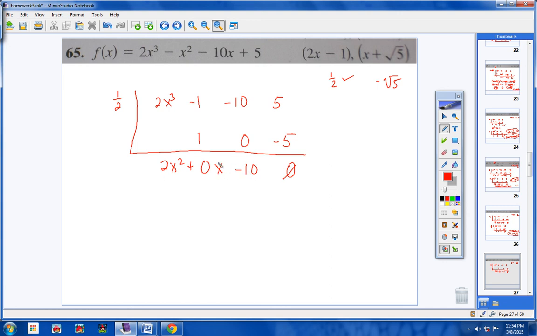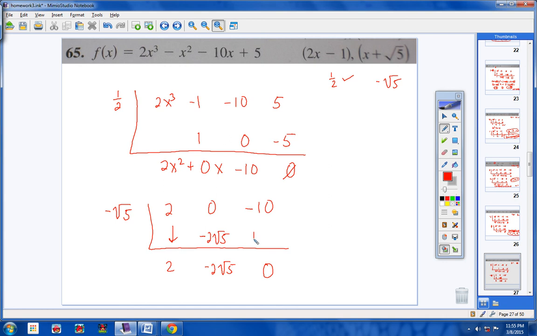Okay? Now let's use this to prove negative square root of 5. So negative square root of 5. We'll put a 2, then a 0, then a negative 10, and we should get out a 0. Okay? So here we go. Bring down your 2. Multiply, and you get negative 2 square root of 5, combine, and you get negative 2 square root of 5.